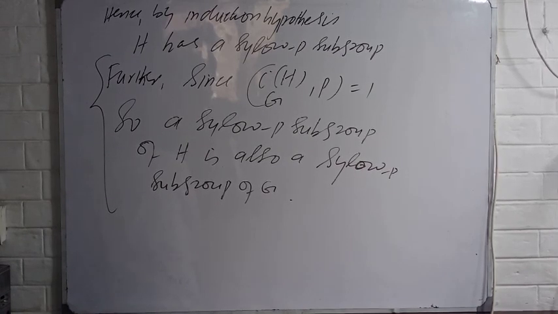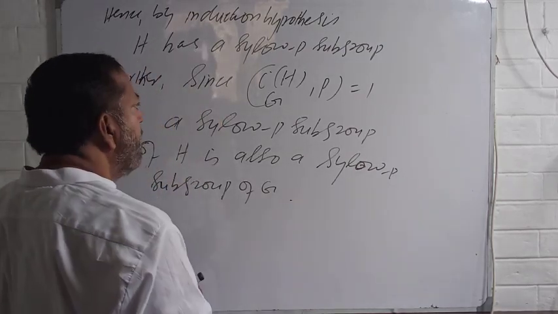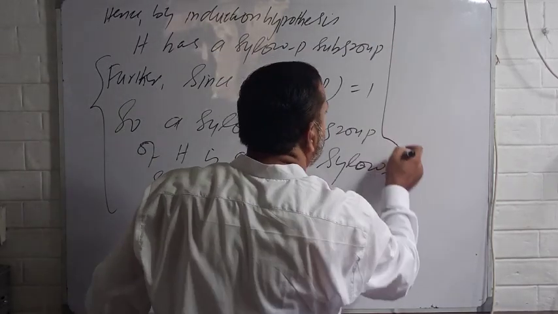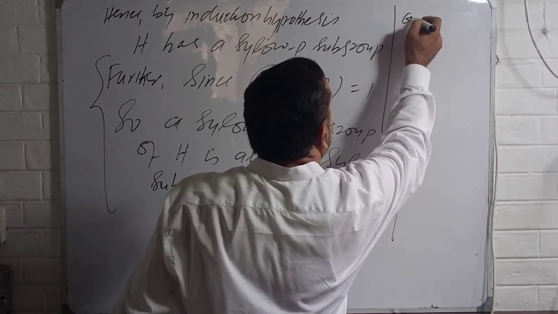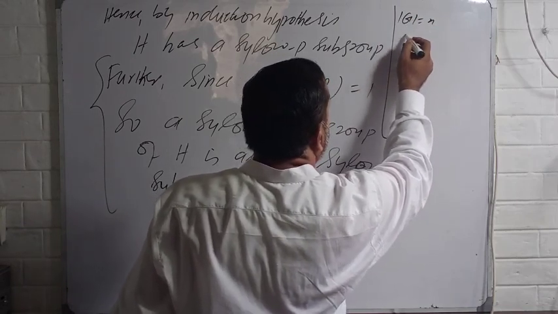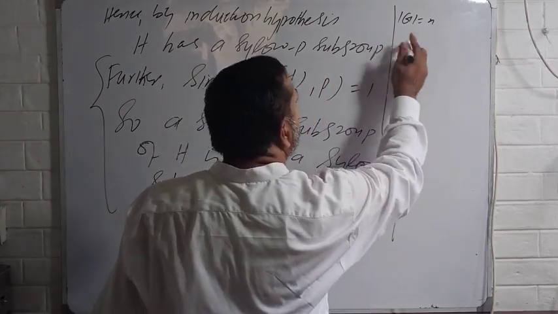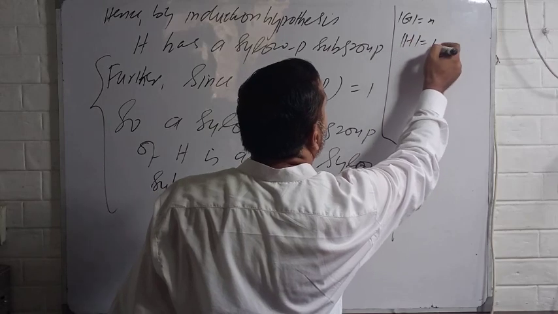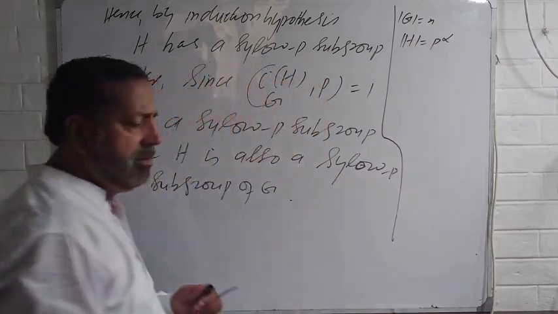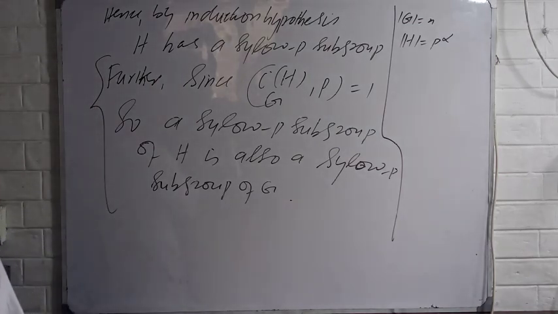Suppose order of G is equal to n. Okay, I want to show here.